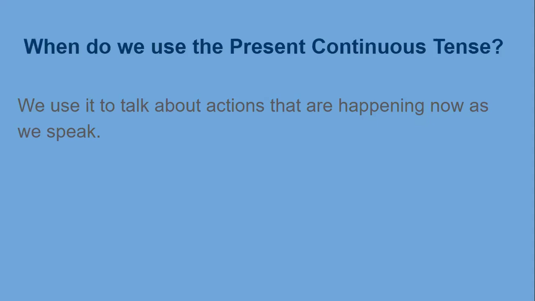All right. Now, let's go to the how do we use it, meaning the structure. How should we structure our sentences in the present continuous tense? But of course, in this part, we are focusing specifically on the positive verb sentence in the present continuous tense.